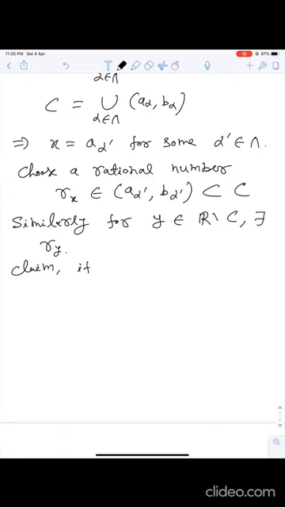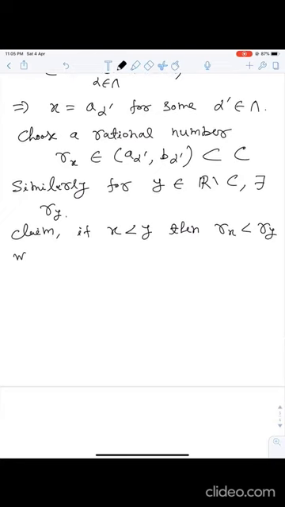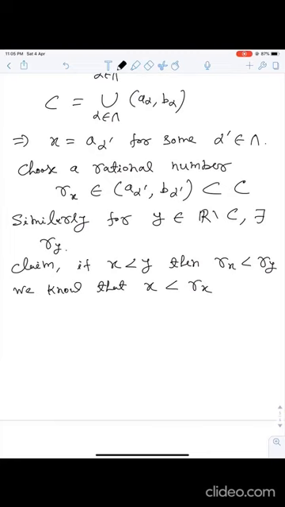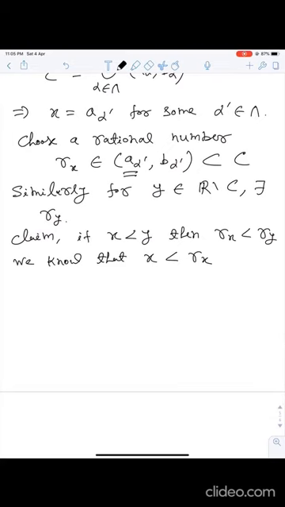Now we claim if X is less than Y, then Rx is less than Ry. Why? Because we know X is less than Rx, since X is this boundary point and Rx belongs to this interval, and we also know Y is less than Ry.